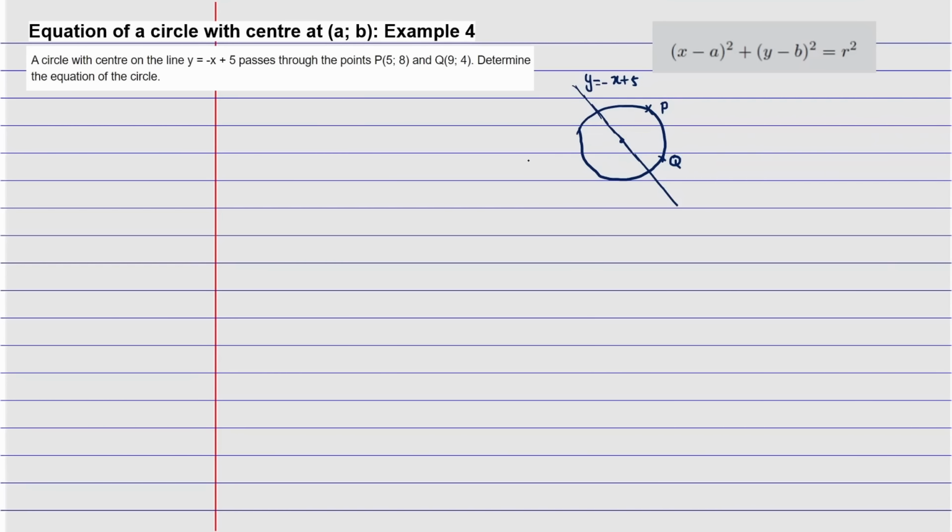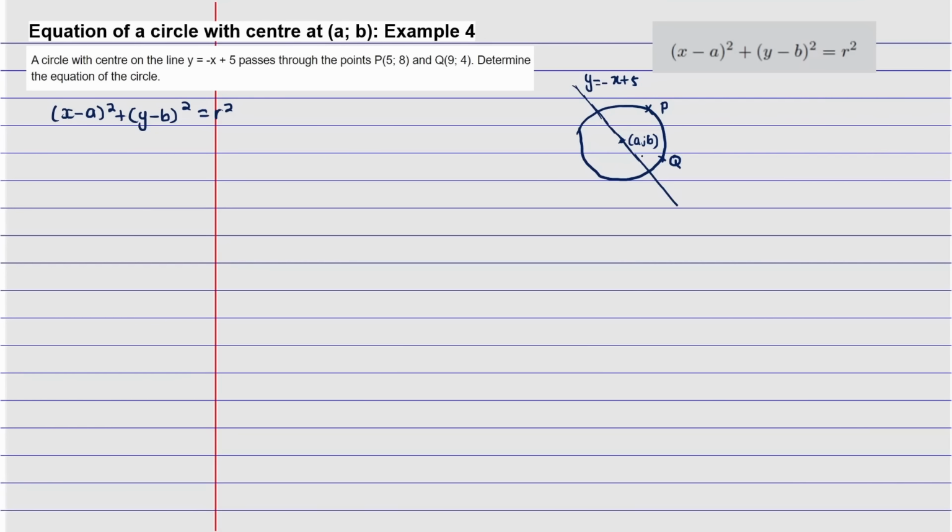If we take the entire equation, you have x minus a all squared plus y minus b all squared is equal to r squared. How many unknowns do you have? 1, 2, 3. So we need to get rid of one of the unknowns. We know that the center is (a, b).